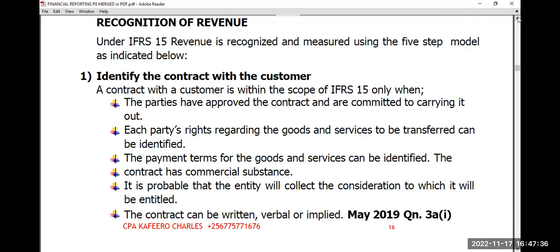Then the third item is that the payment terms for the goods and services can be identified. Remember these items we are going to be looking at, you should be able to attach a value to certain items that you are going to be seeing.